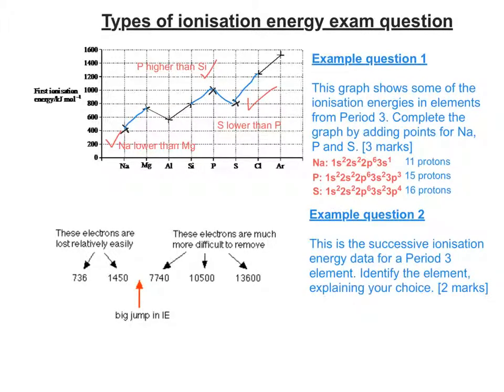So what we have to do here is think about what's going on at this point. And like we've said before, this means that there is a movement from an outer shell to an inner shell.